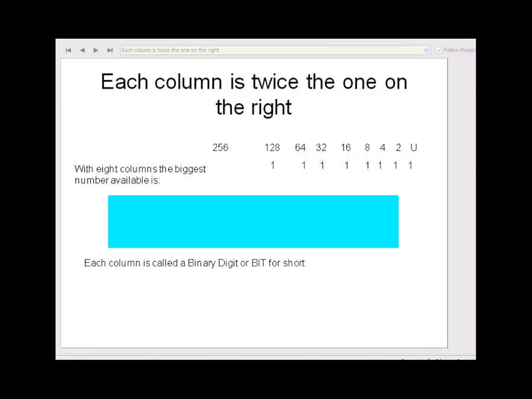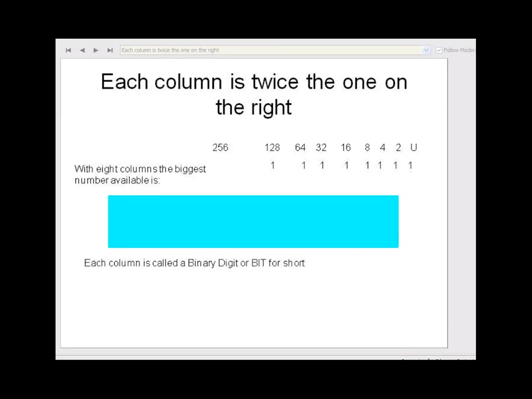If I have 8 columns and it's completely maxed out, I've got ones in all the columns, what's the biggest number that I can store in 8 columns? Actually, it's 1 less than 256, because 256 would be 1 more than what I've got on the board right now. So it's 1 less than 256, which is 255.